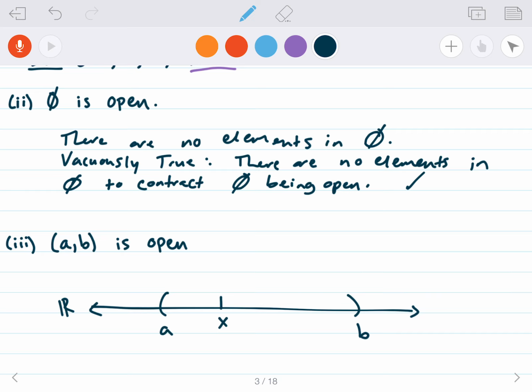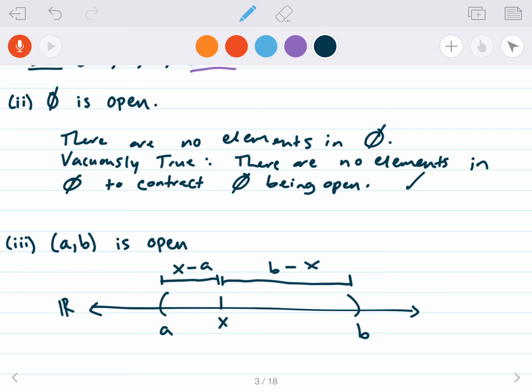To make this a little more precise, let's take a look at the distances. The distance here is going to be x take away a. Similarly, the distance from x to b is going to be b take away x.